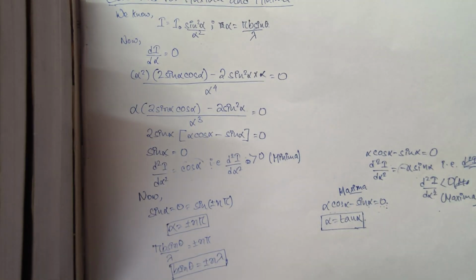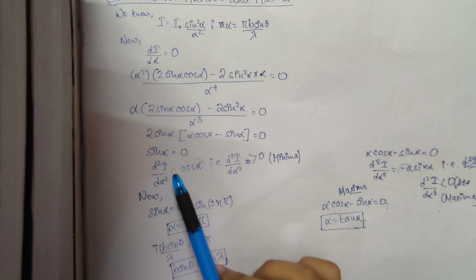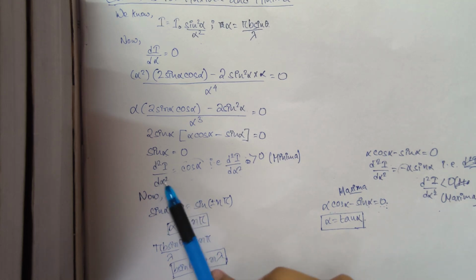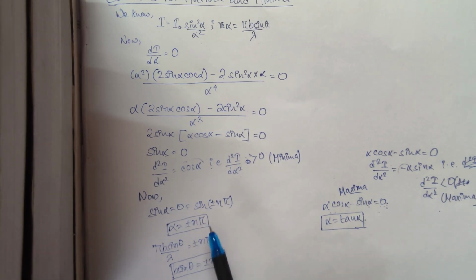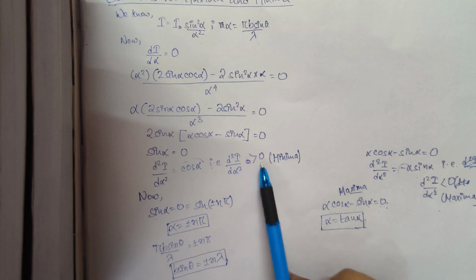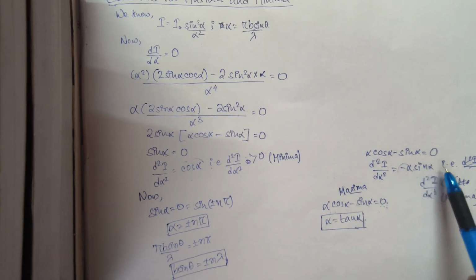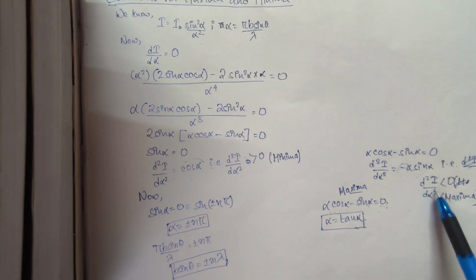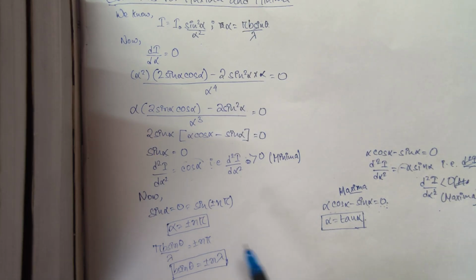For a maxima or minima condition, we need to do a double derivative test for knowing whether it's a maxima or a minima. When I do a double derivative test for sine alpha, d square I by d alpha square gives cos alpha, which is greater than 0, and for the other one I get minus alpha sine alpha, that is negative, so d square I by d alpha square is less than 0.